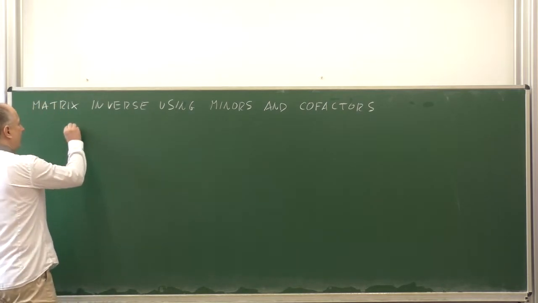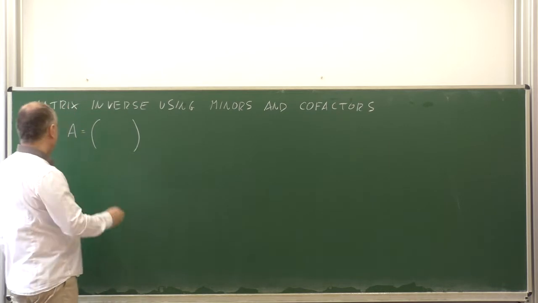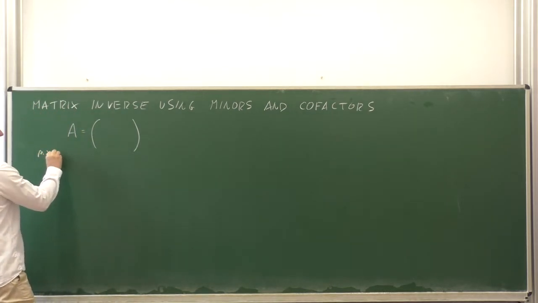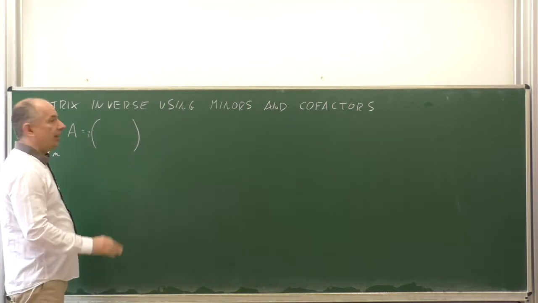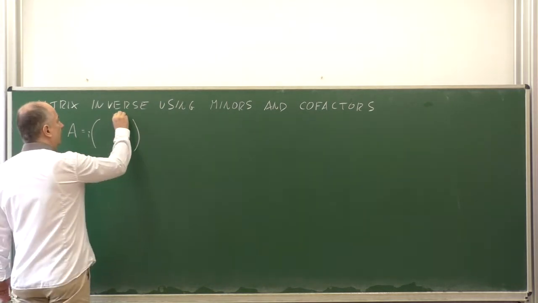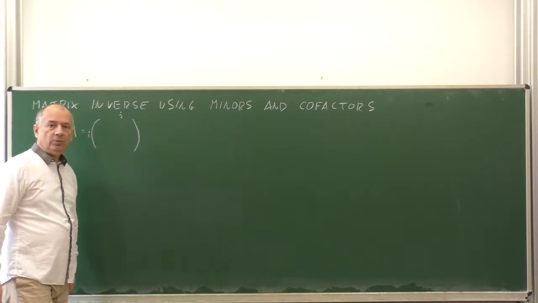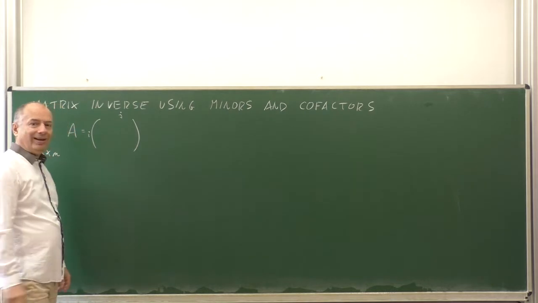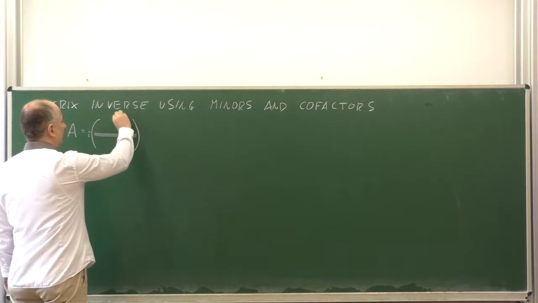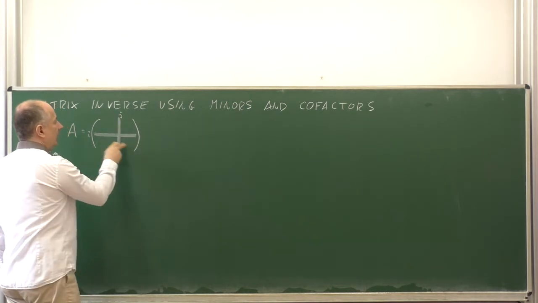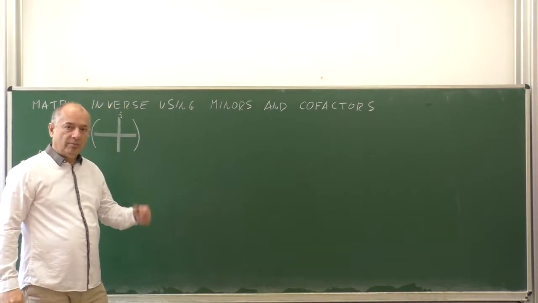Remember, if we have a square matrix, n by n, then we can choose one particular row, say the ith row, and the jth column, where i and j are between 1 and n. We delete this row and this column, and what remains is a smaller matrix, which is again a square matrix.